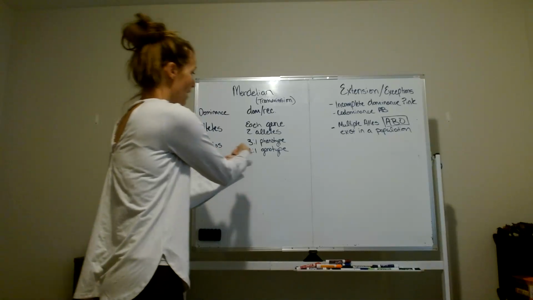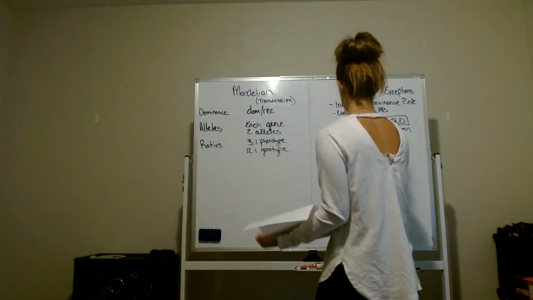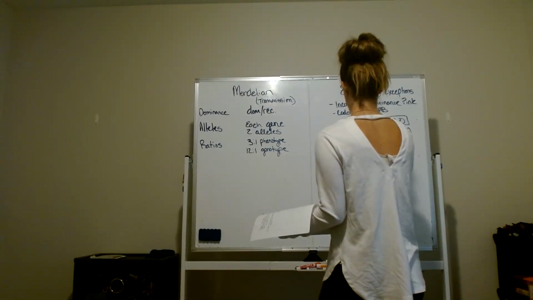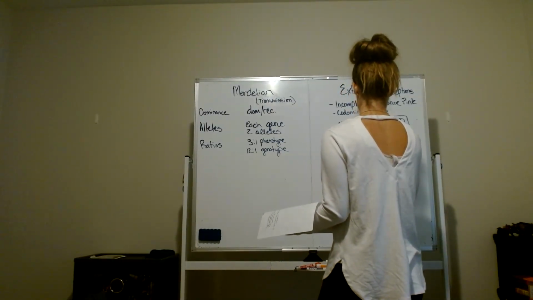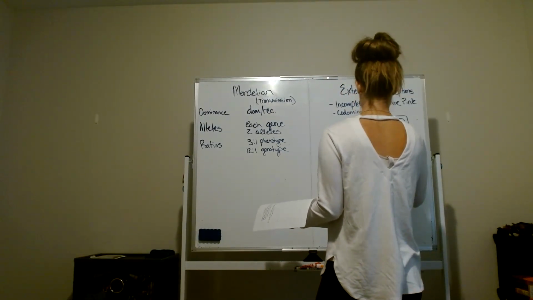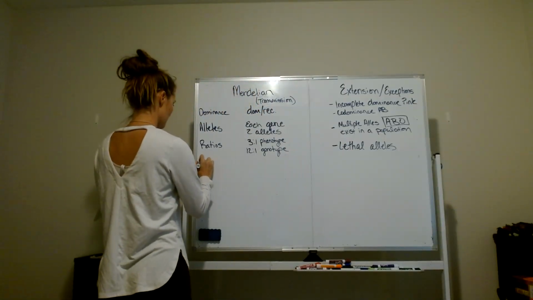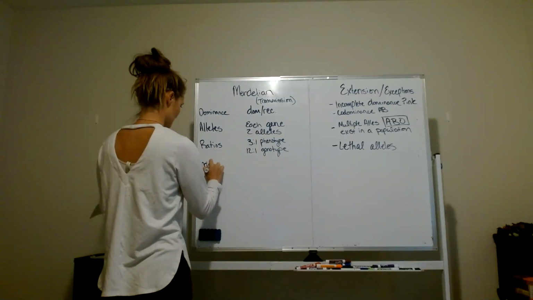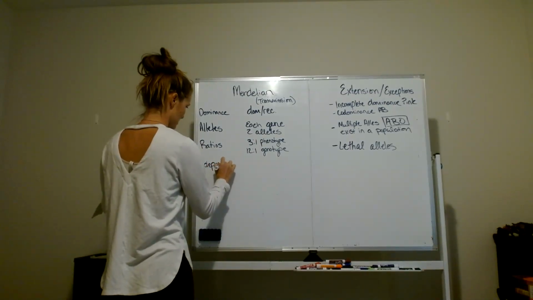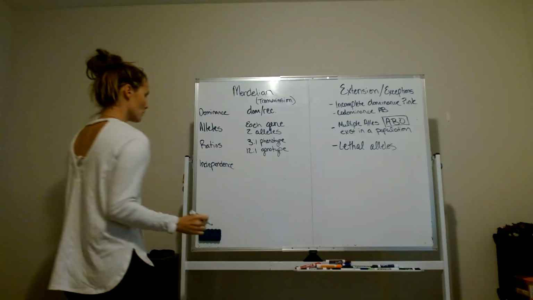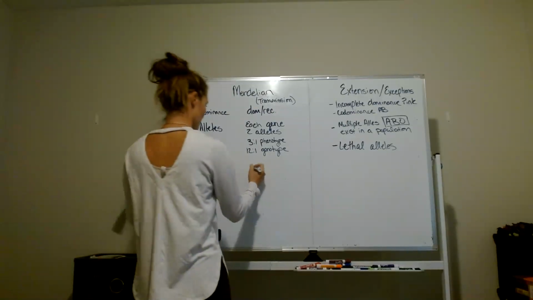Ratios. Now, the exception is that they found some combos are lethal alleles, and they will cause death, and so they will mess with the ratios. Okay. Independence. So independent assortment. Okay.